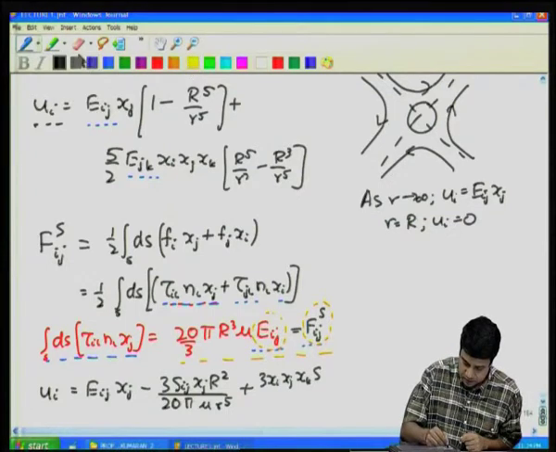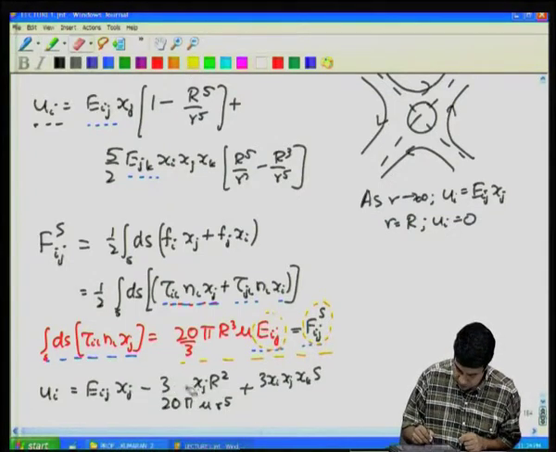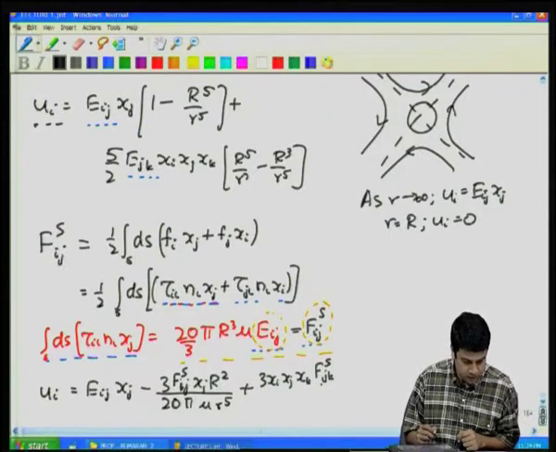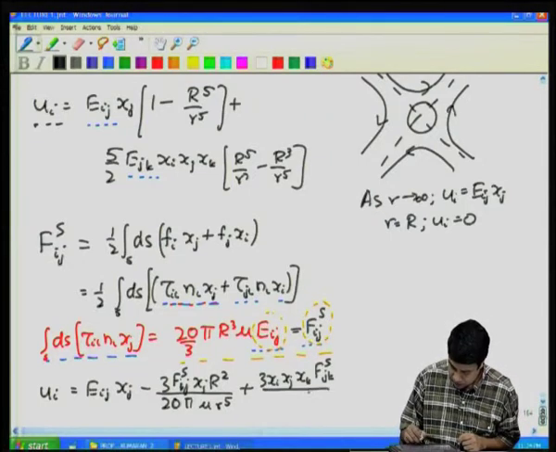I should replace this by the symmetric force moment.